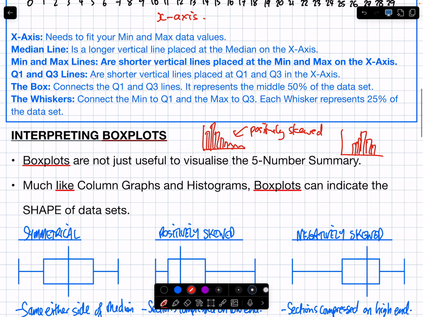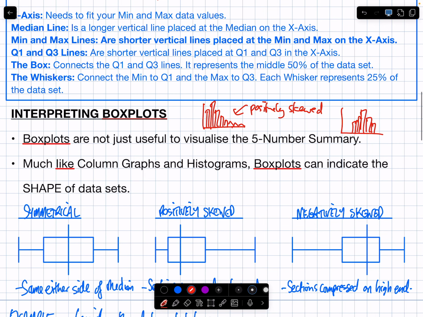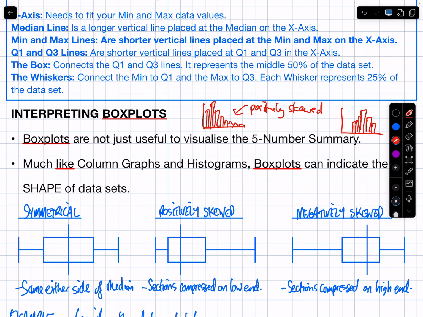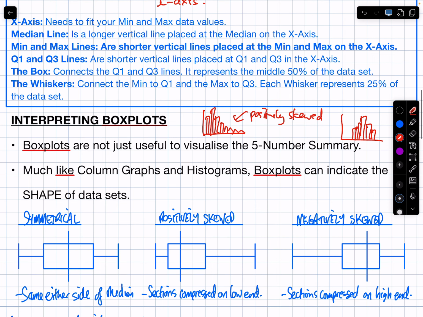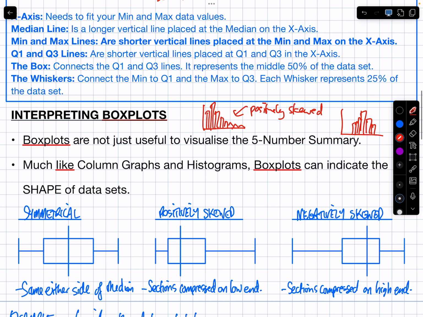So what I'll do is I'll leave most of those notes there for the box plot there. The next thing you need to get is, if you see a box plot that looks the same on both sides, that means the data is symmetrical. Where is the box plot squished up here? Is it squished on the left or the right? Left. That would be positively skewed.